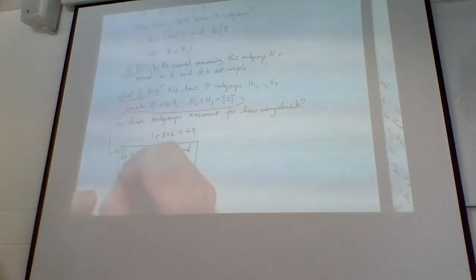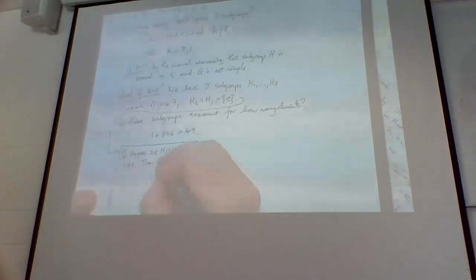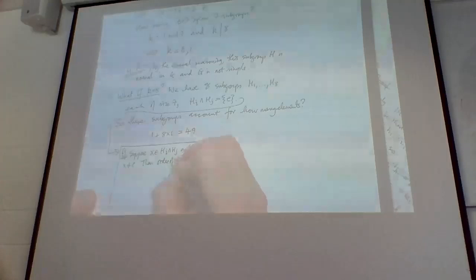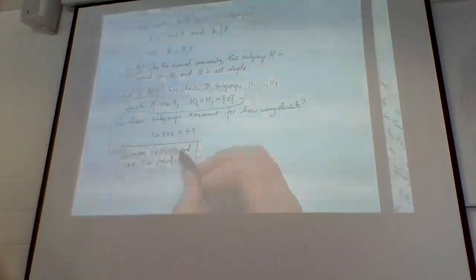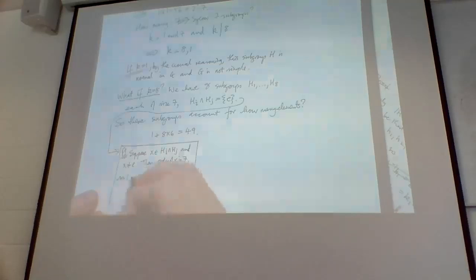Proof of this. Suppose X was an element of HI intersect HJ, and X was not the identity. Then the order of X is 7. The order of an element has to divide the order of the group, and these groups both have size 7. So the order of the cyclic subgroup generated by X is 7.